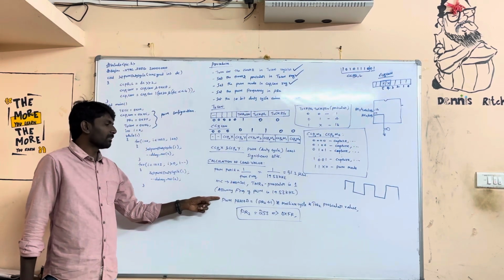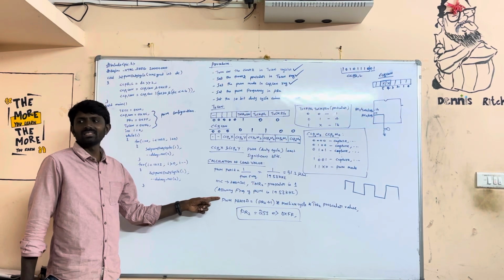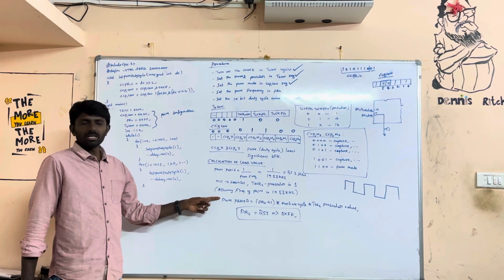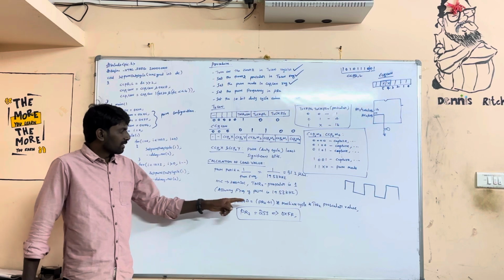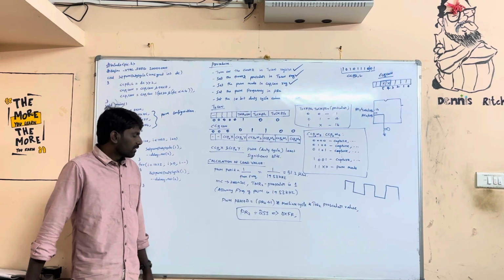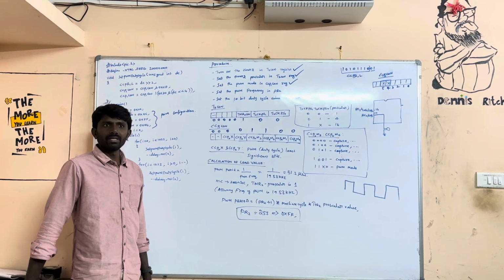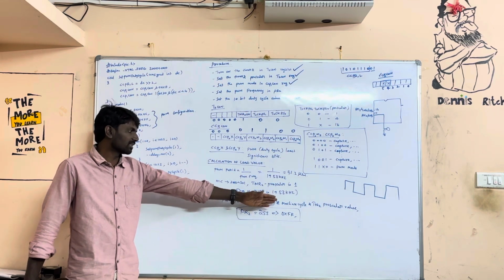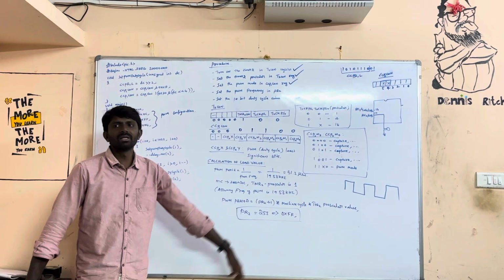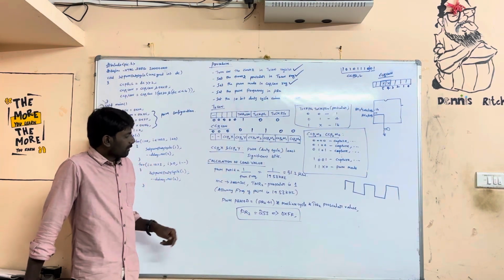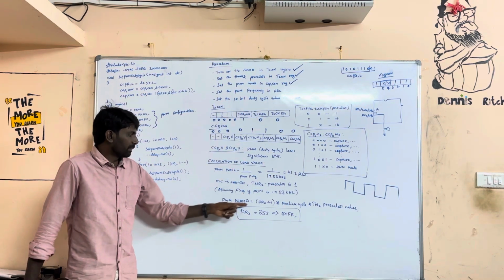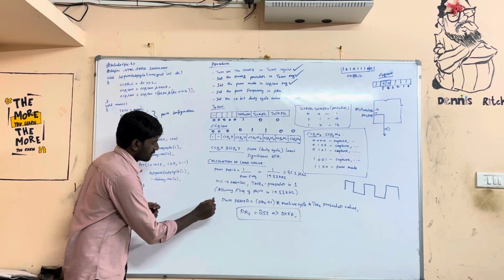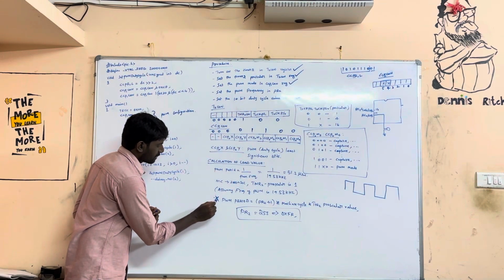It is almost a similar formula to what we have seen in the timer. Maybe here some changes will be there. Rest all is the same, here also machine cycle and the prescaler. Now what is PWM period? The formula is this.